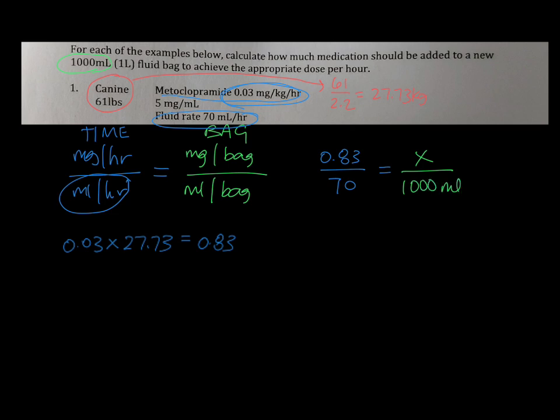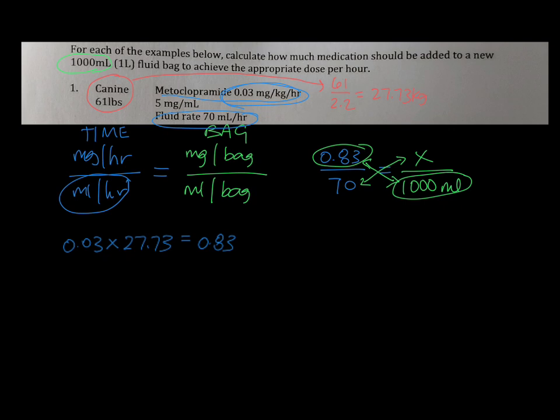Now it's time to do some math. I'm going to cross multiply. This is how I like to do it. You could either get your calculator out and just divide 0.83 by 70, and then that equals X over 1,000. Or I multiply 1,000 times the top. That's my cross multiplying.